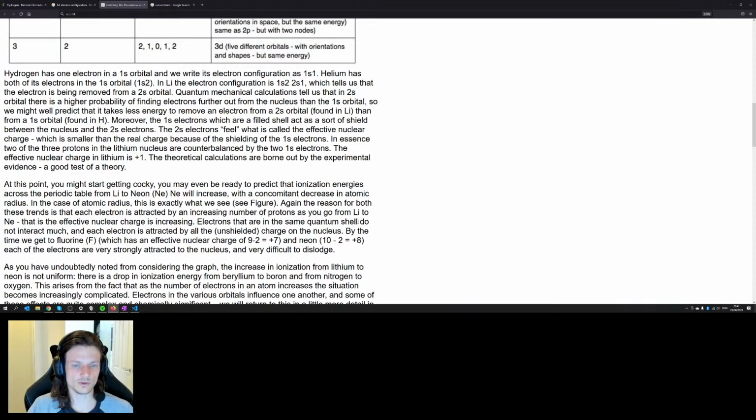Electrons that are in the same quantum shell do not interact much, and each electron is attracted by all the unshielded charge on the nucleus. By the time we get to fluorine, F, which has an effective nuclear charge of 9 minus 2 equals positive 7, and neon, 10 minus 2 equals plus 8, each of the electrons are very strongly attracted to the nucleus and very difficult to dislodge. Let me see what's going on here.